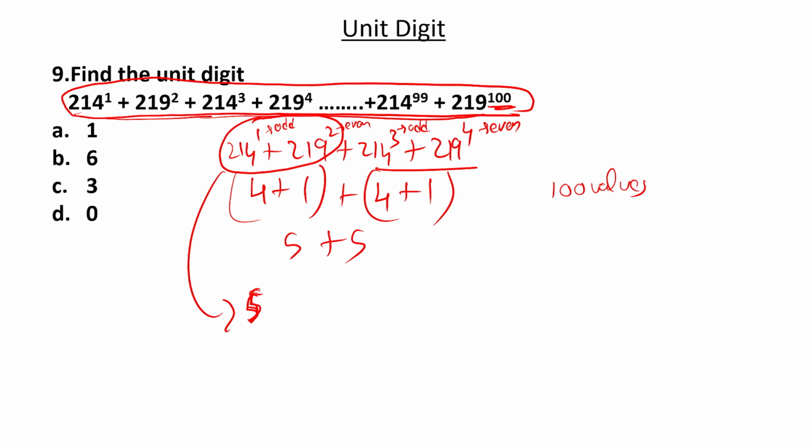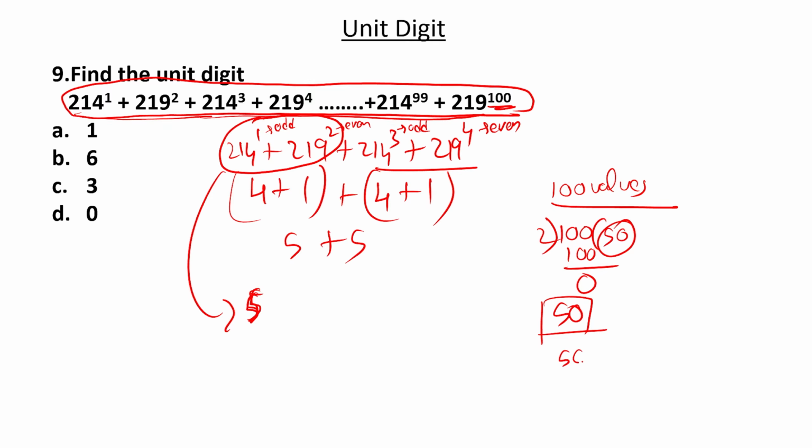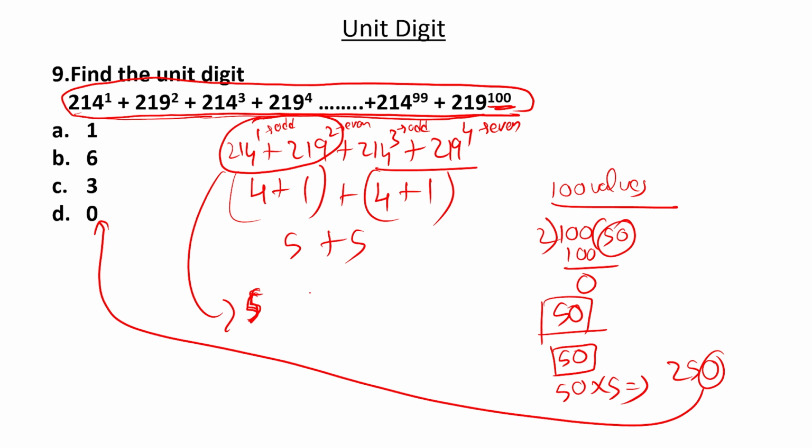If you divide 100 by 2, we get 50 pairs in the above equation. All we need to do is 50 into 5. So 50 into 5 is 250, and 0 is our answer. I hope you understand it.